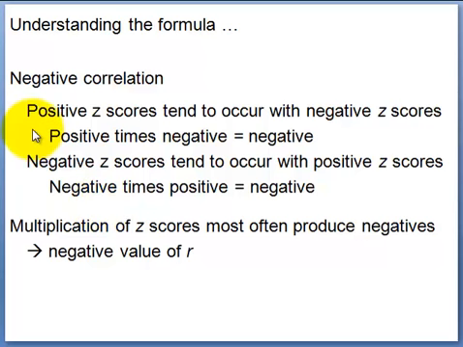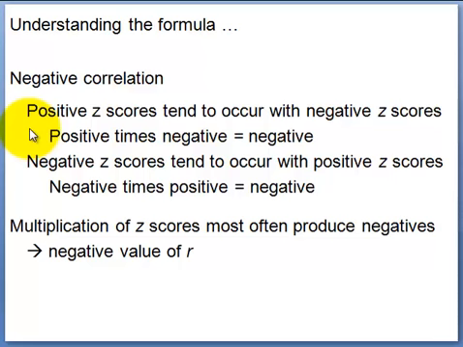And things are just the opposite with negative correlation. So negative correlation is conveying to you that, so to speak, opposites are going together. Highs on x are most often paired with lows on y, so I'll say positives on x are most often paired with negatives on y, and correspondingly, negatives on x are most often paired with positives on y.